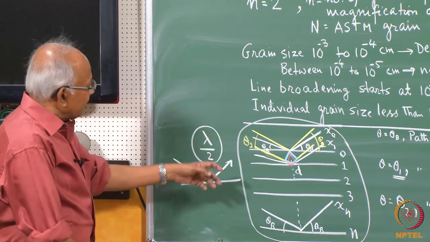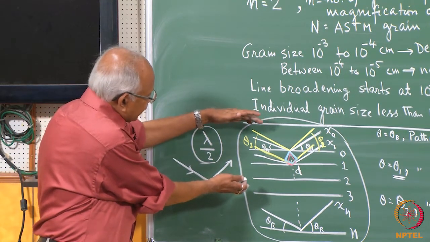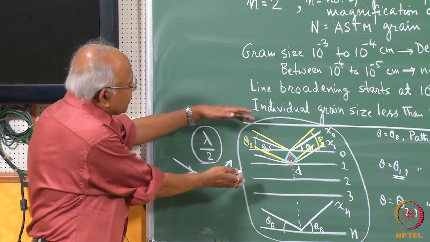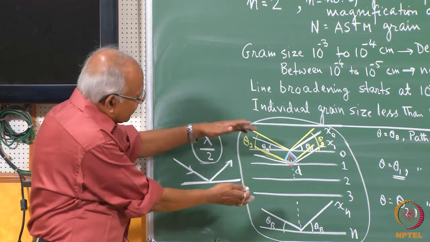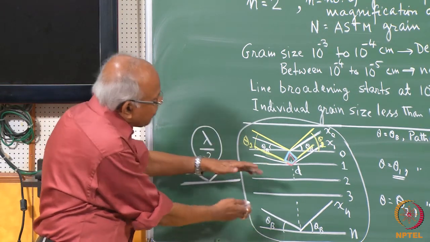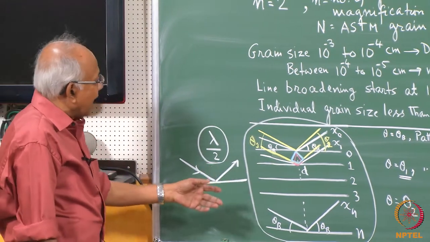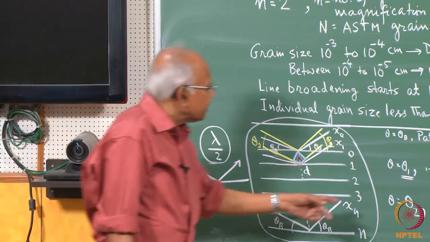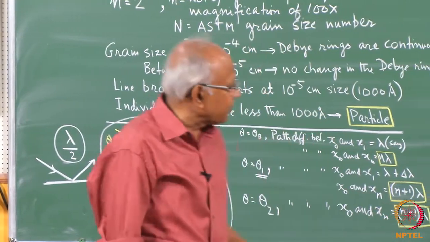So, the planes in the top half of the crystal will have their scattered radiation nullifying the radiation scattered by the bottom half of the crystal, as a result of which there will be no diffracted radiation possible beyond the value of theta 1, and that is what we are observing here.